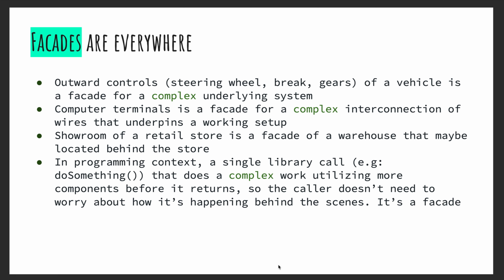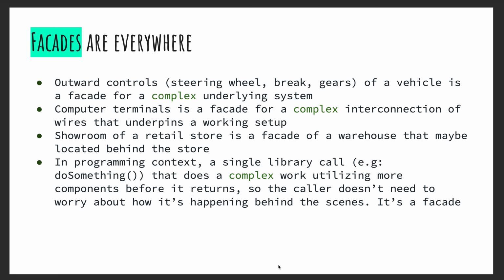We can even take an example of a facade in the programming context. You may have used classes, libraries where there are methods and functions. A method or a function is a facade for a complex operations that method is actually performing underneath.